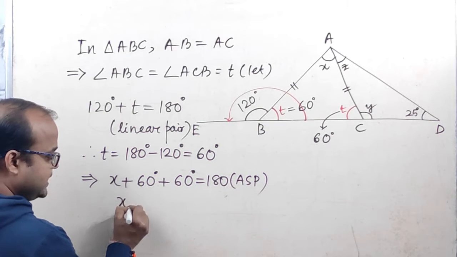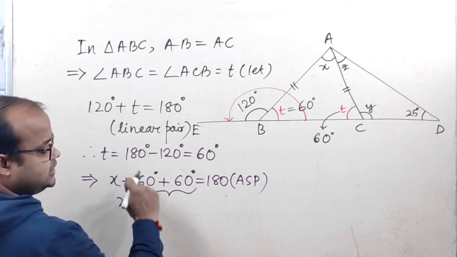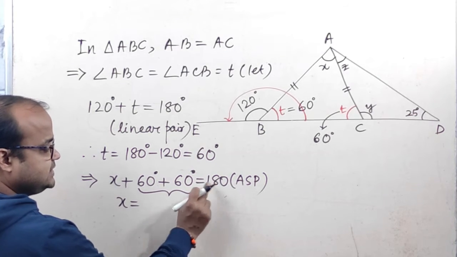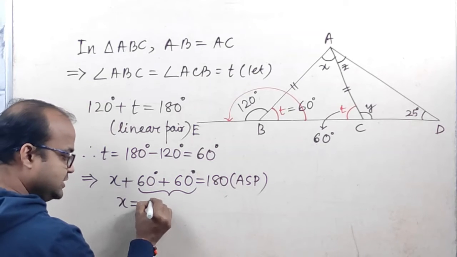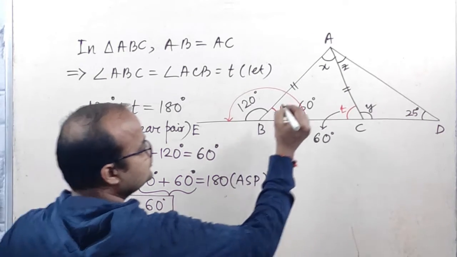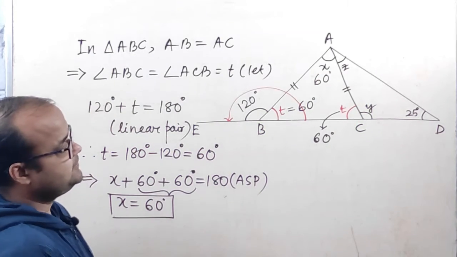So X equals 180 minus 120, that is equal to 60 degrees. So the value of X is equal to 60 degrees.